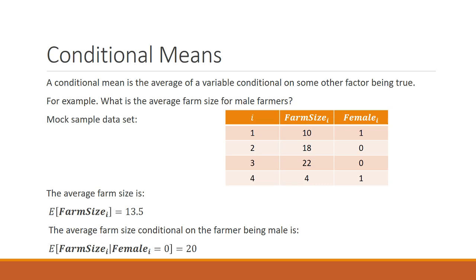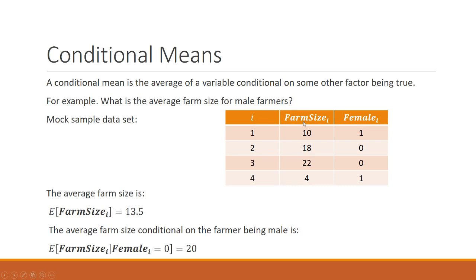We'll get to more of that later. But let's just talk about what a conditional mean is. The mean, like I said, is the average of all the values of a variable. A conditional mean is the average of a variable conditional on something else.